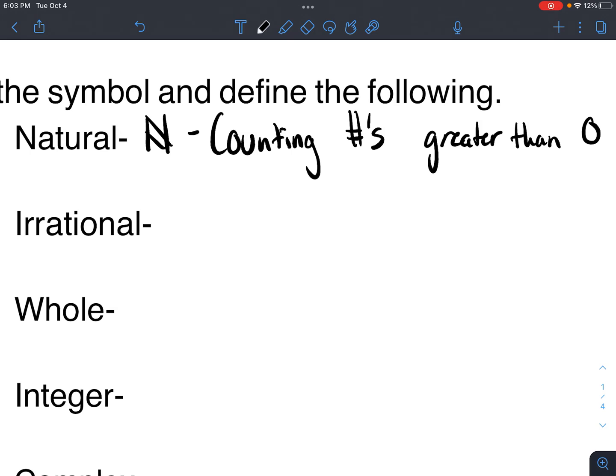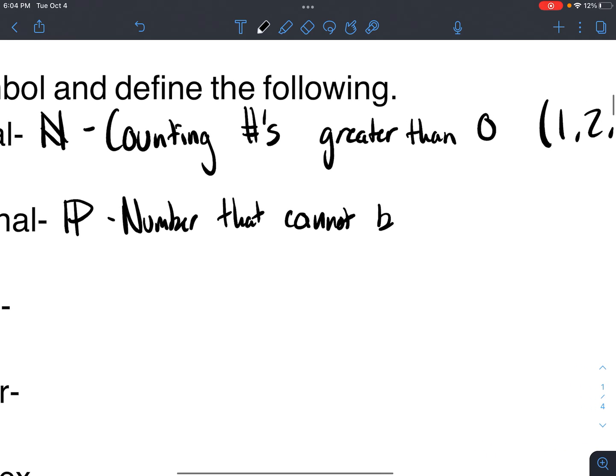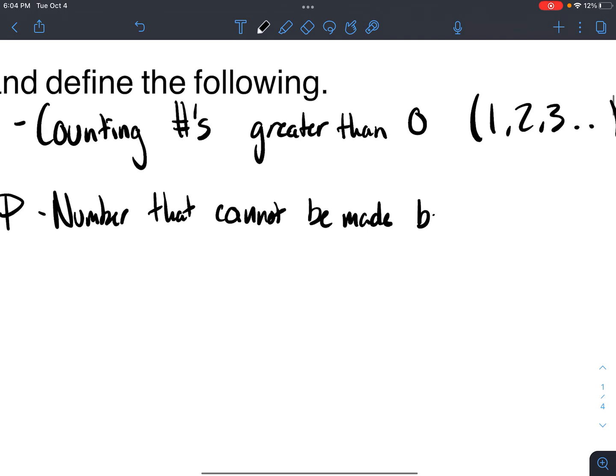Irrational numbers, this is noted by P, and this is a number that cannot be made by dividing two integers.